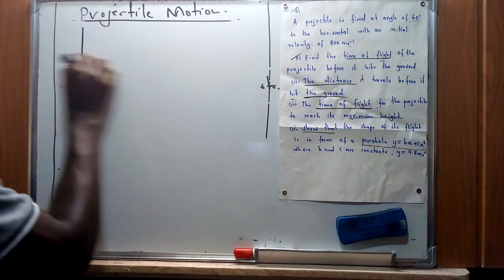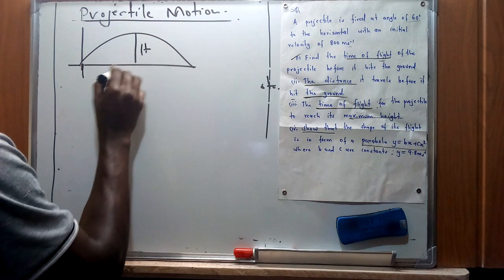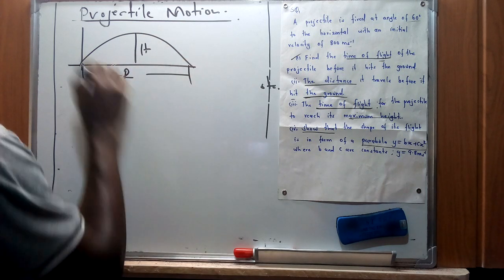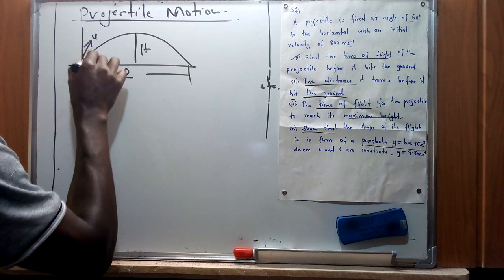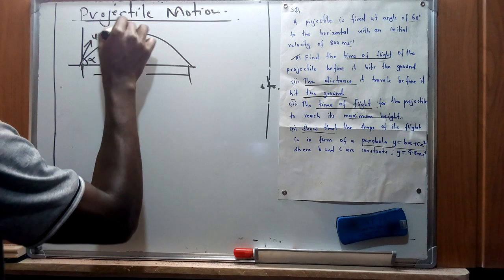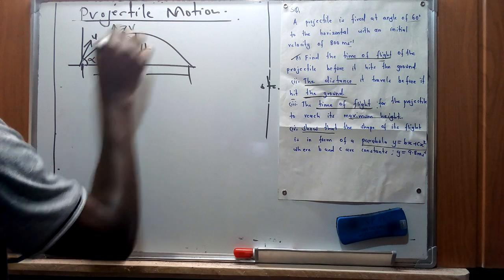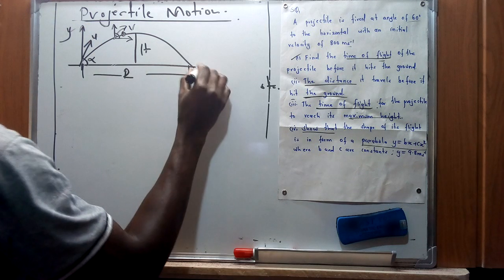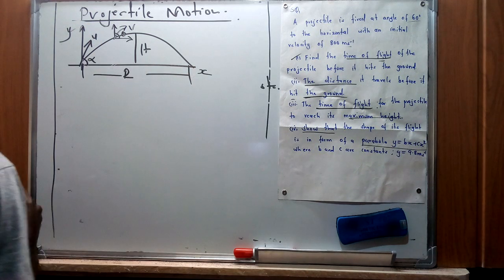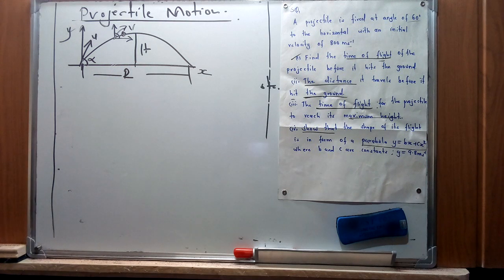So I'm just going to have a small still illustration for that. H, this is R, this was u, initial velocity, angle alpha, and this was final velocity, angle theta. This was the y, this is the x, and I hope we haven't forgotten. And so that was the shape of our parabola.